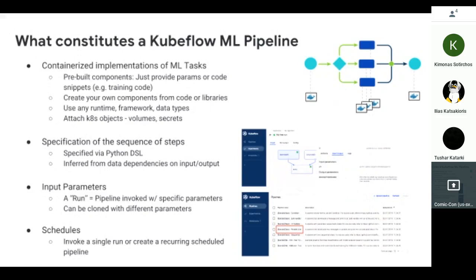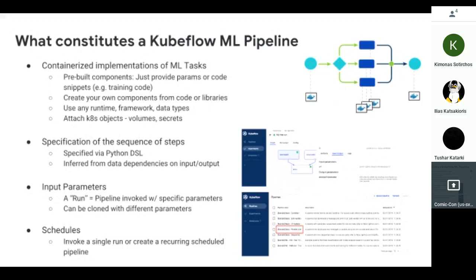In that specification, the dependencies across components and steps are inferred from the data that has been passed around across those components. So the pipeline can be parameterized as a whole, and by specifying the parameters, essentially instantiating a run, and that run becomes the entity of management that runs in the cluster and is managed as one atomic thing.